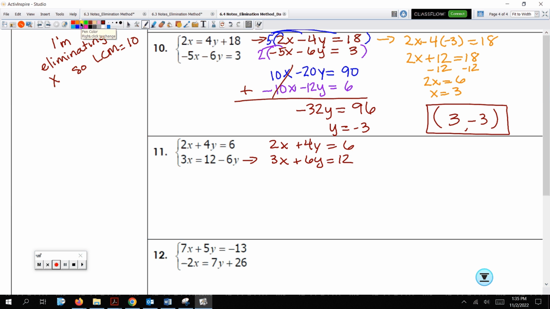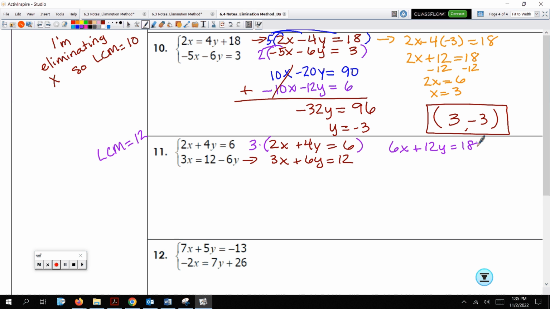So I think about what is the LCM of 4 and 6? What is the smallest number that both 4 and 6 go into evenly? That would be 12. Well, what am I going to multiply this 4 by to get 12? 3. So that gives me 6x plus 12y equals 18.